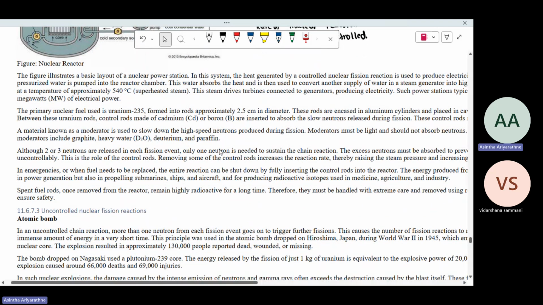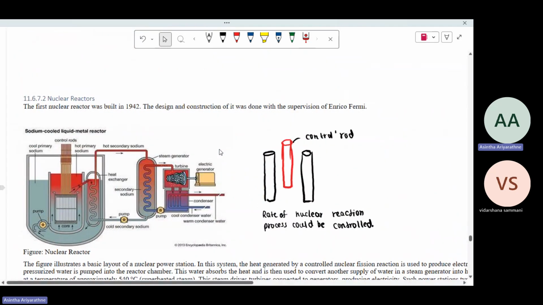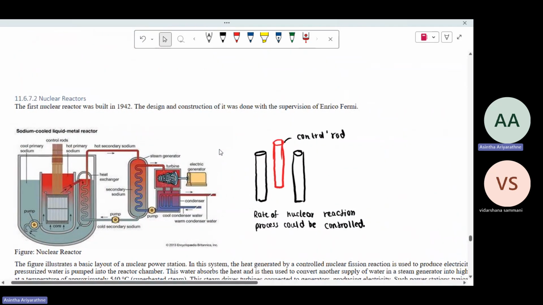There are many usages in submarines, airplanes, and spacecraft. Mostly in spacecraft, these nuclear reactors have been used because the spacecraft should travel for a couple of years in space, maybe 50 years.